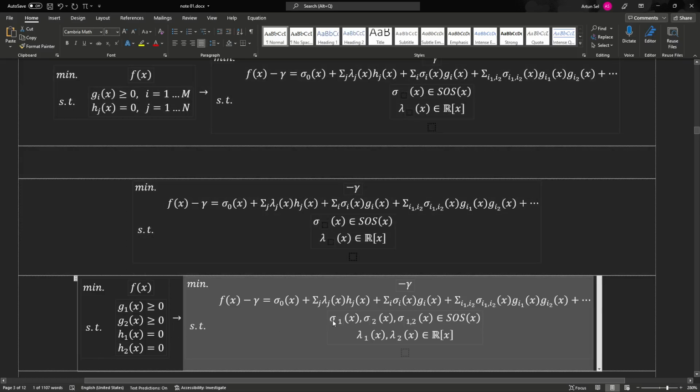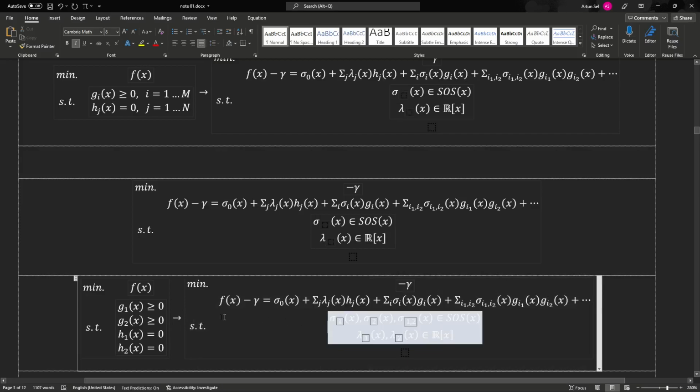And here we need to find gamma, sigma 1, sigma 2, sigma 12, or you can say sigma 3, it's like the naming convention. And lambda 1 and lambda 2. So basically we need to find 1 number and 5 polynomials, 3 of which are SOS. Okay.